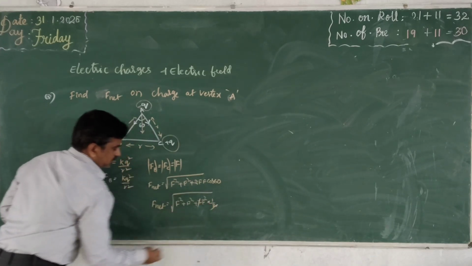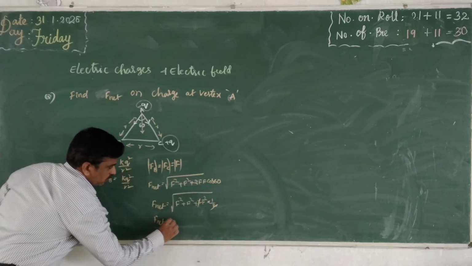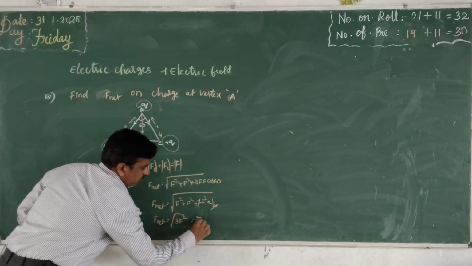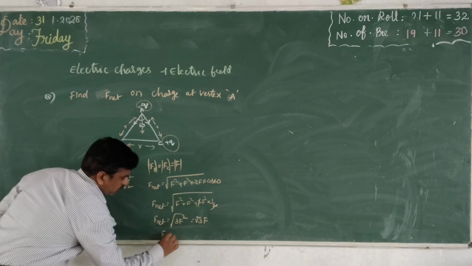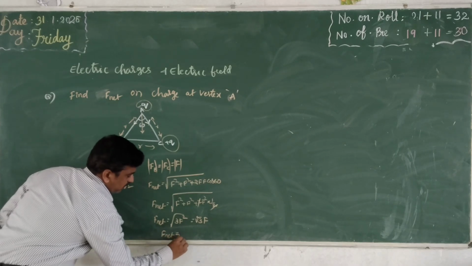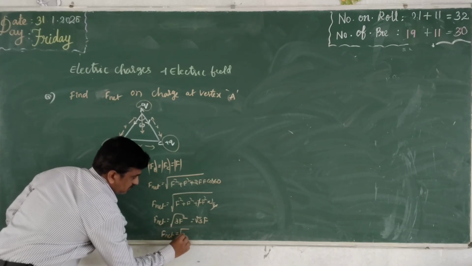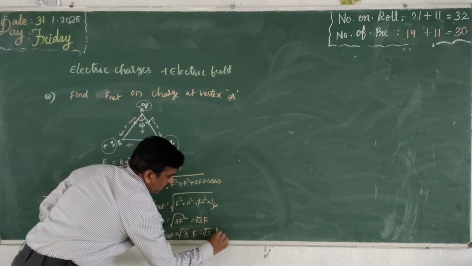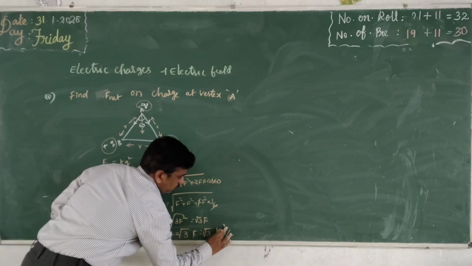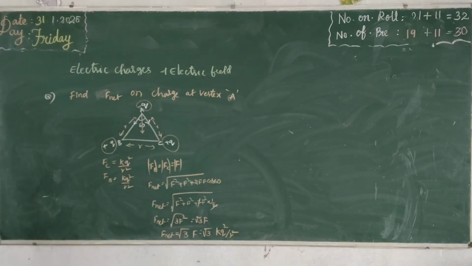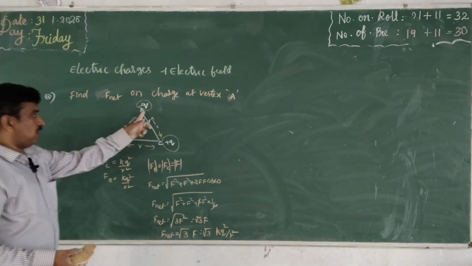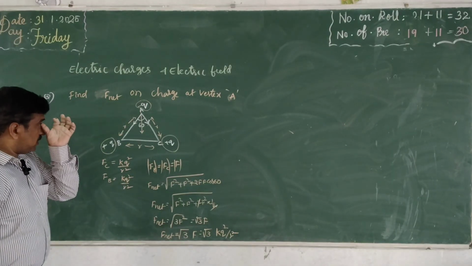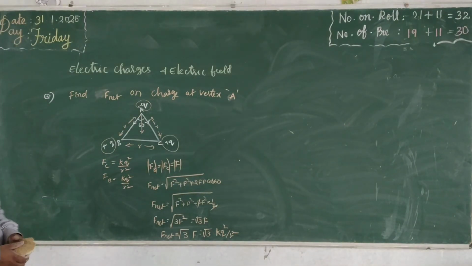So F net equals 3F square, that is root 3 F. The net force acting on the charge at vertex A is root 3 F, that is root 3 k q square by r square. This is the force acting on the charge at vertex A.